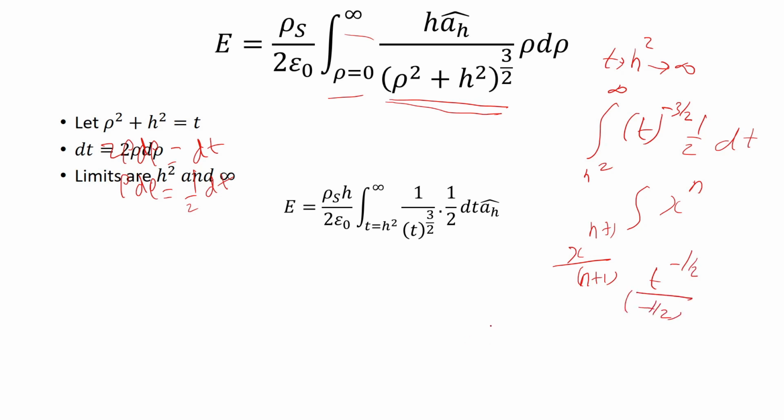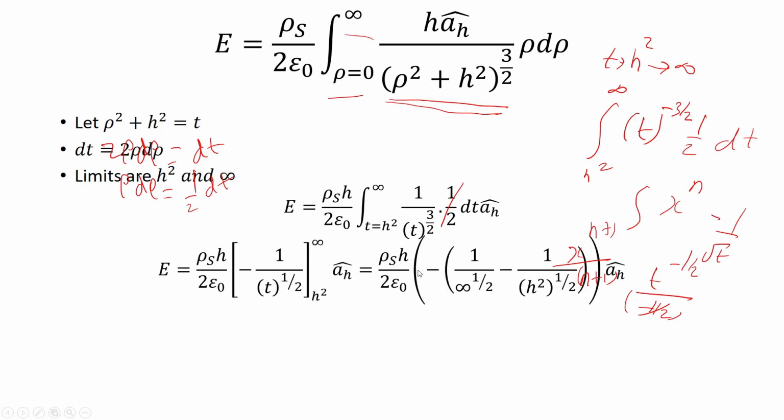This minus 1 by 2 would cancel out this 1 by 2, so the coefficients cancel each other. The integral result I got is just 1 by root t. Of course, there is some minus sign also. Let us see how this resolves.